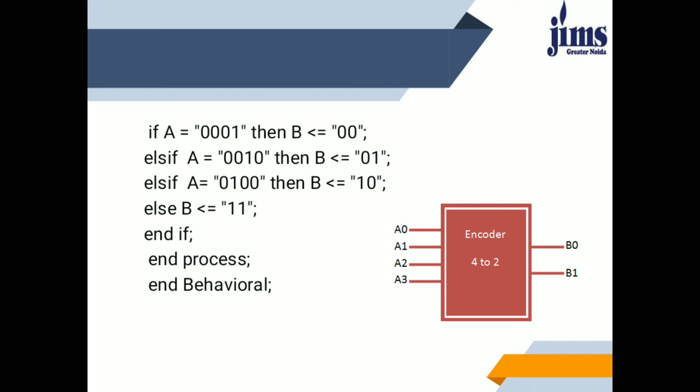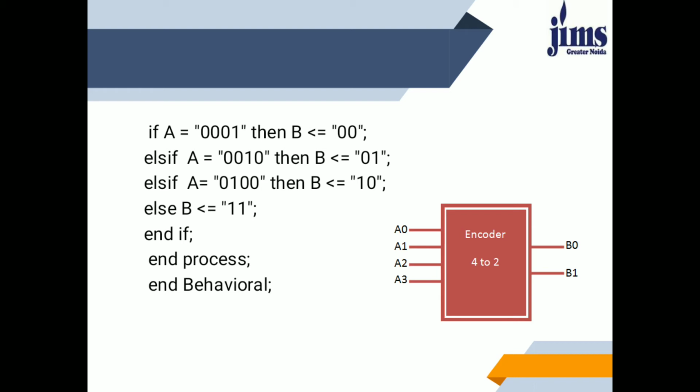Then again, if we consider A2 as high, then 1, 0 will be considered. If we consider A3 as high, then 1, 1 can be considered. So in this way, we can specify the conditions.